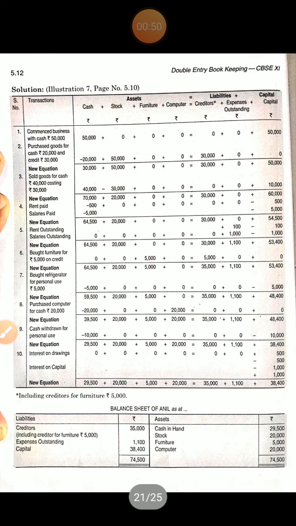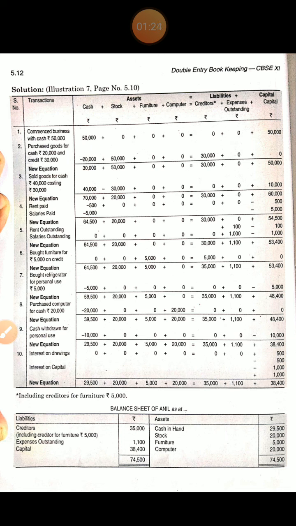So the process is you have to make a format with serial number, transaction, and one bigger column with assets equal to liabilities plus capital. The process to prepare the accounting equation is you will read each transaction and analyze each transaction in terms of assets and liabilities.